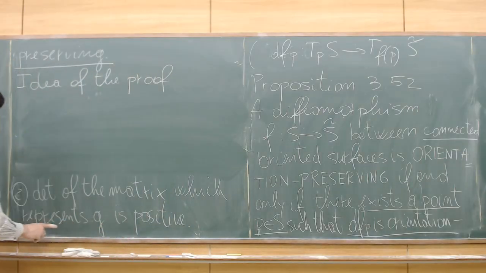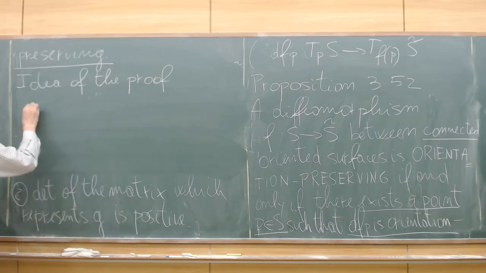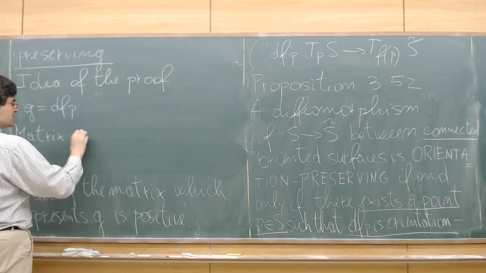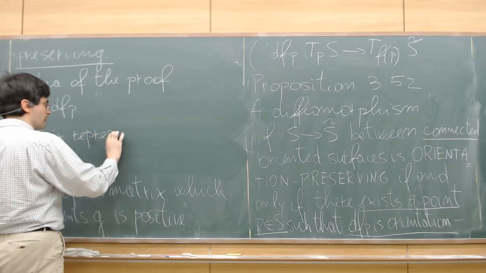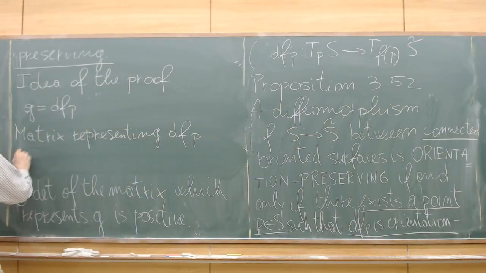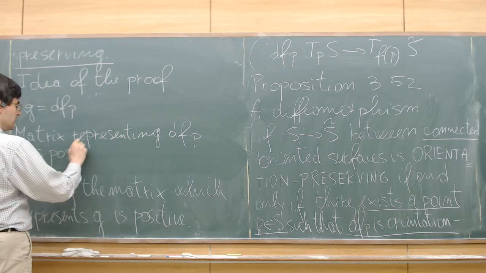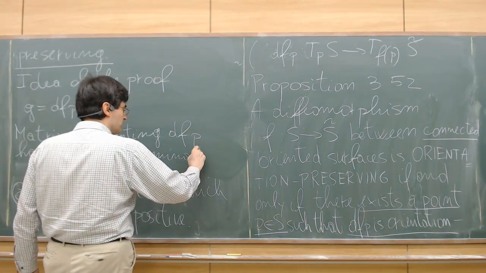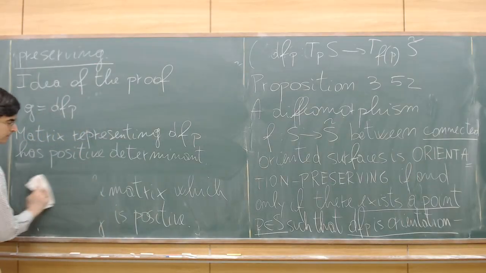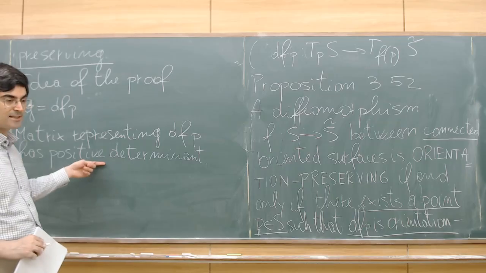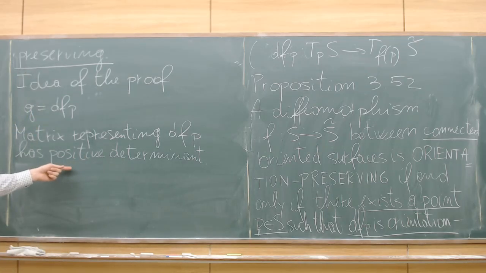Because if you know that this is true for dF_P at one point, then you know that the matrix representing dF_P has positive determinant, and the unique detail we have to understand is why you cannot have a change of sign.